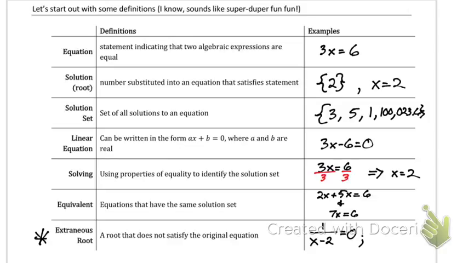And someone tells me x equals 2 is a solution. Well, x cannot equal 2. Because if you plug a 2 in, you'd have 1 over 0. You cannot have 1 over 0. So 2 would be an extraneous solution.